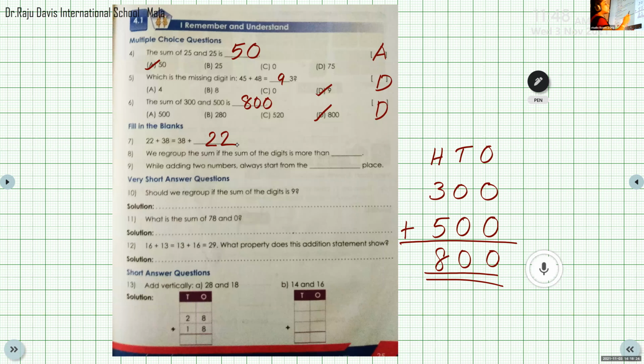When we are adding the ones place numbers, if the sum is more than 9, only at that time we will regroup the numbers. At what time will we regroup the numbers? When the ones place sum is more than 9, which means from 10 onwards. 10 is a 2-digit number, right? So from 10 onwards we will regroup. Okay, please write the answer. And the 9th question.